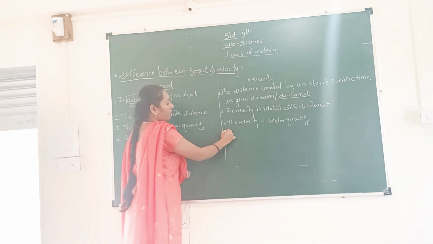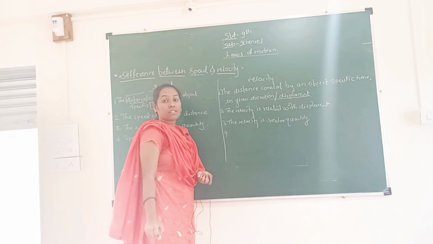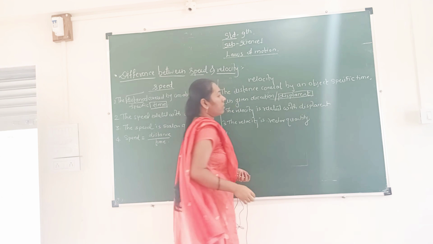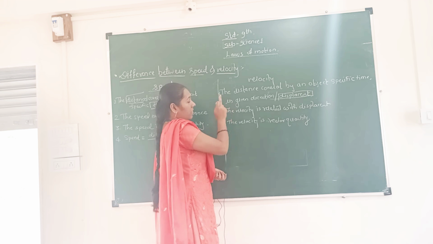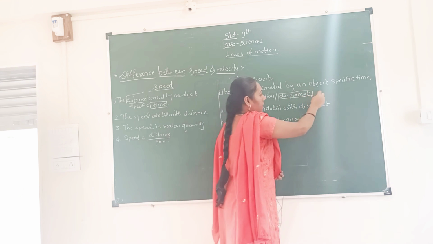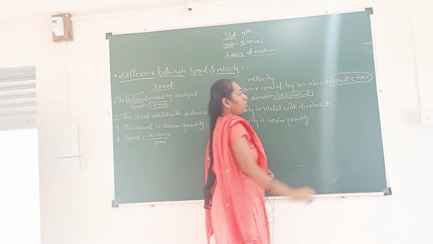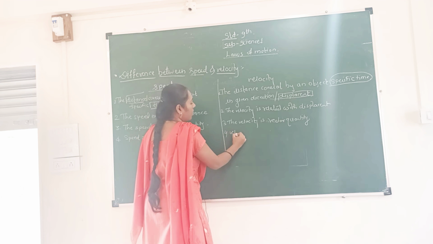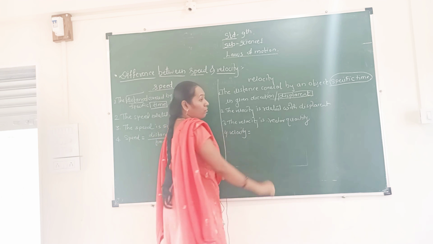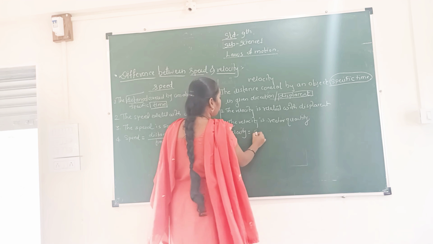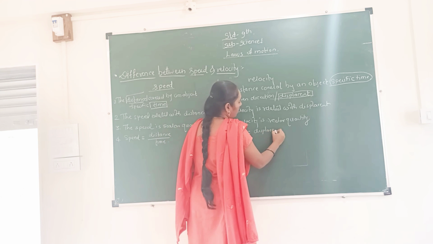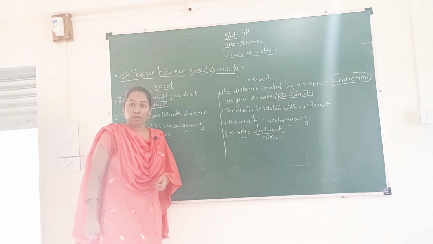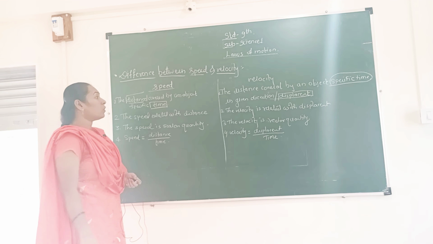What does the definition say about velocity? Velocity is the distance covered by an object in a specific time in a given direction. So velocity has the formula: it is a ratio of displacement upon time. From these two formulas we can calculate the units for these two entities.